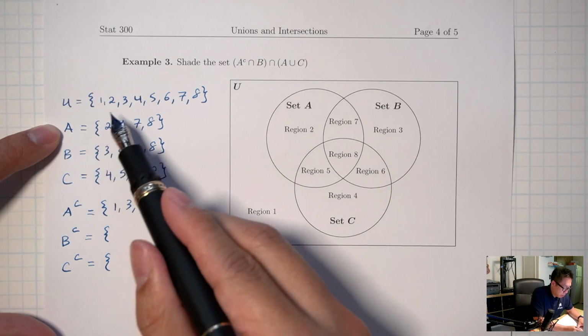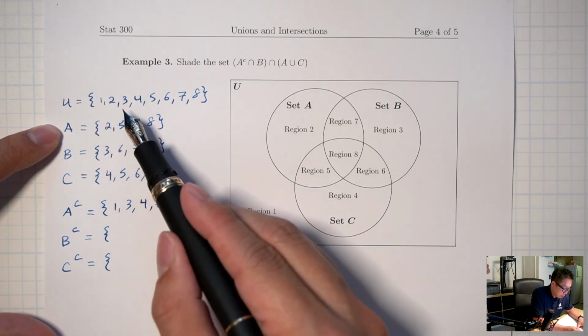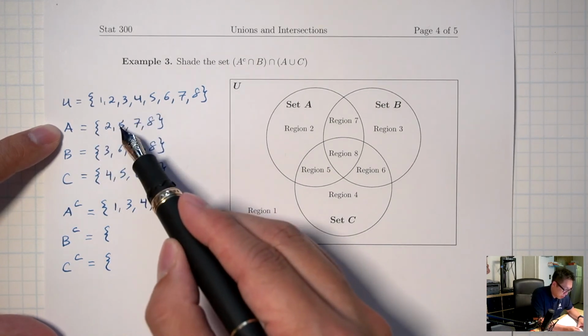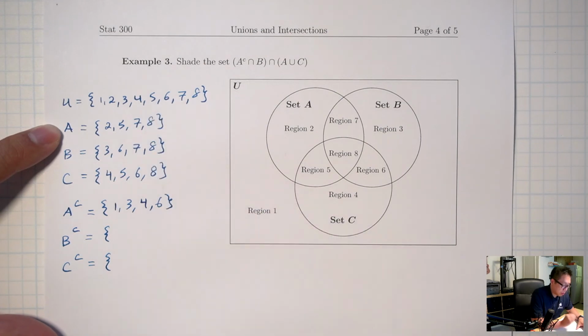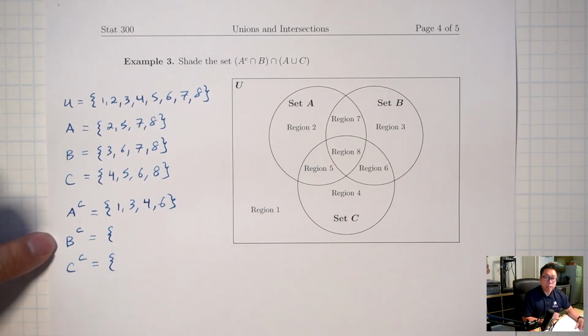Is that right? 1 is not in A, 3 is not in A, 4 is not in A, 6 is not in A.